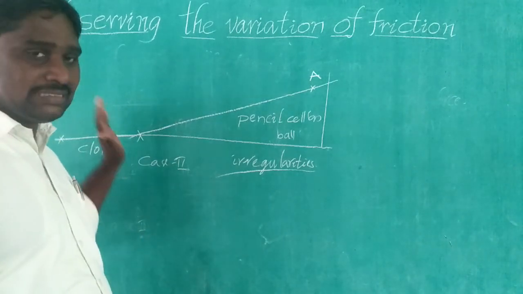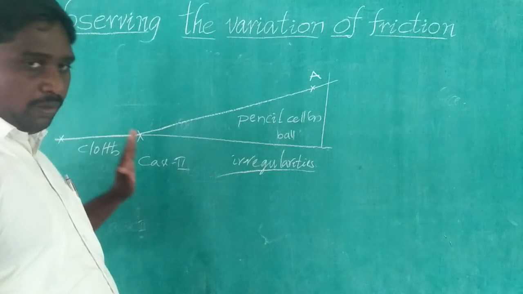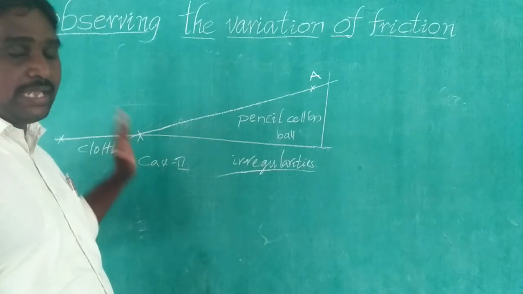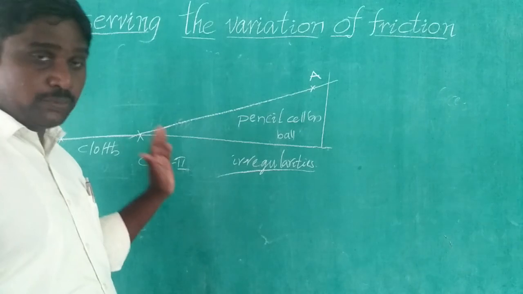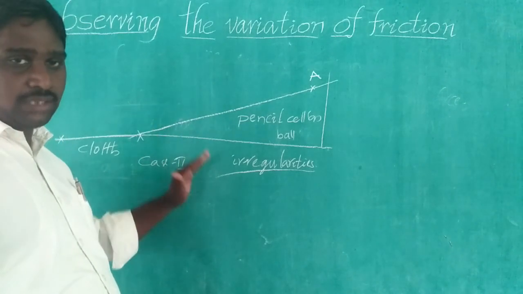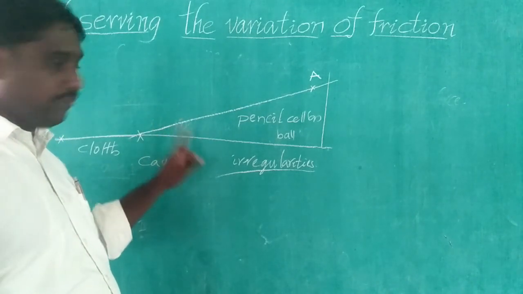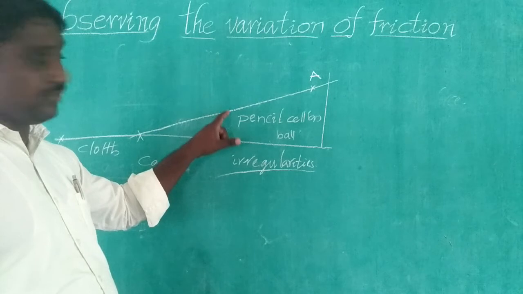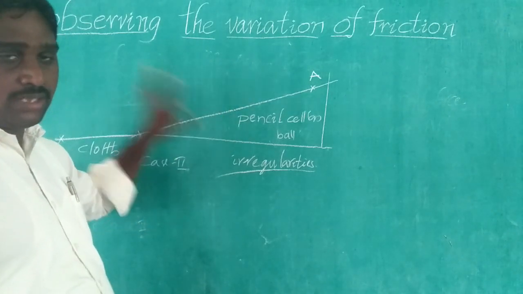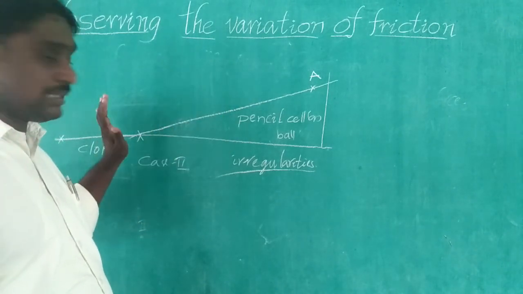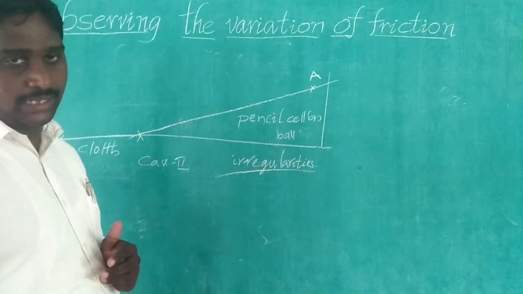Okay, the distance covered by this ball is decided by the surfaces of both bodies, that is, the smoothness or the roughness of the surface of the floor and the surface of the pencil cell. These two surfaces decide the distance covered.